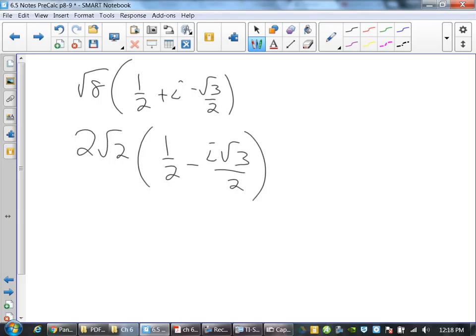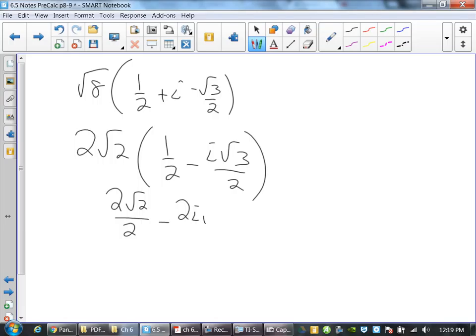You okay with that? Yeah. Last thing I do, distribute 2 root 2. So I'm going to do long form just so you guys see what's going to happen here. You get 2 root 2 over 2 minus 2i. What's root 2 times root 3?